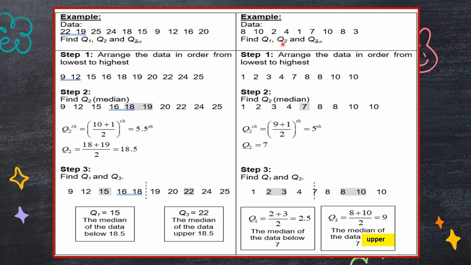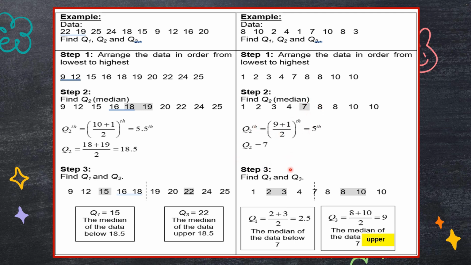By using the same steps, arrange the data in ascending order, then find the median. The observation of the median is at the 5th data. That means the median is 7.